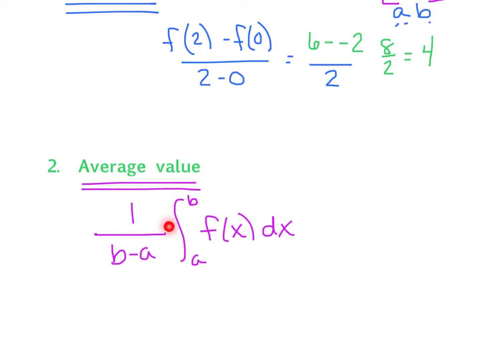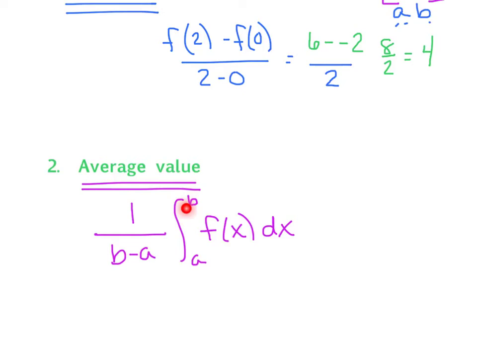What this integral is doing in this section is it's adding up, just like you would add up all the areas under the curve from a to b. Okay, so it adds them all up, just like you do when you find the average of your test scores. You would add them all up, and then you would divide by the total amount of test scores, and that's what this is doing. It's dividing by the difference of those two numbers. So average value should make a lot of sense.